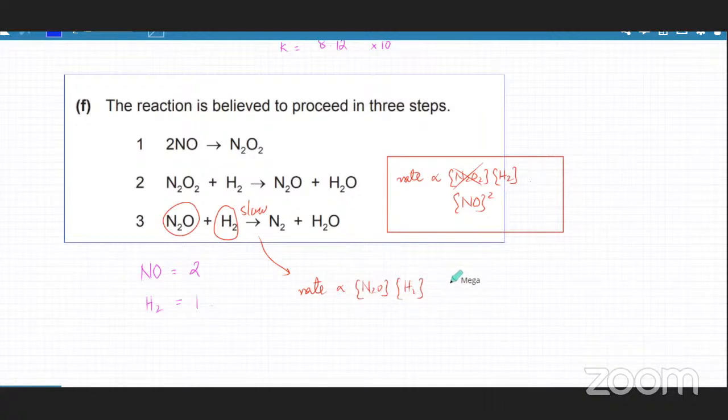But again, N2O was made in the previous step, so N2O itself is dependent on these two things. So you're going to remove N2O from the rate equation and substitute it with H2 concentration and N2O2 concentration.